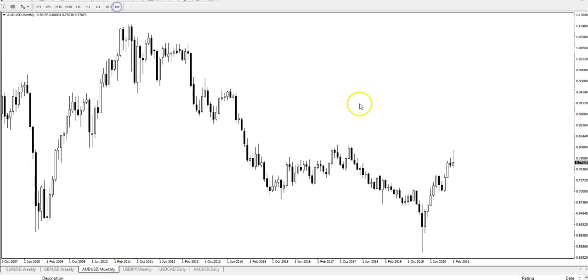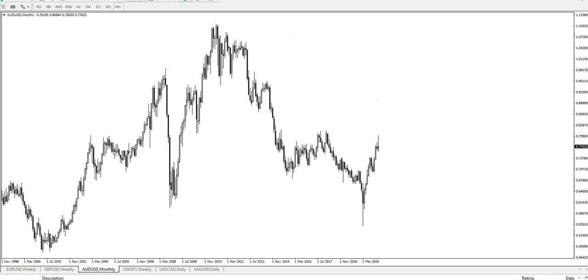Next, I've got Aussie dollar. This is the first time I'm talking about Aussie dollar, so I probably need to have a good look at what's happening on this currency pair. Right, so very quickly, I've already seen a nice horizontal level here. Retested, somewhat similar to pound sterling. I'll probably leave it there at the moment.